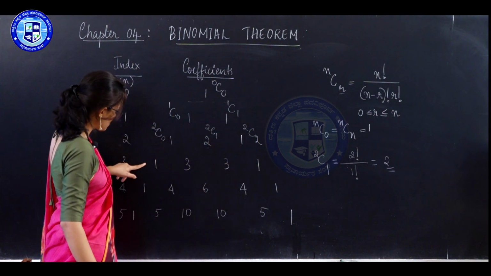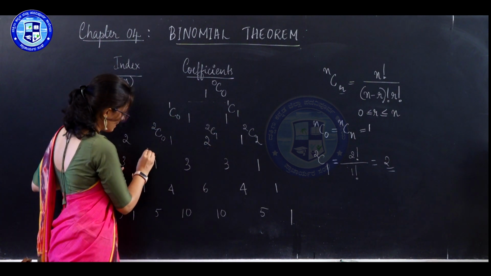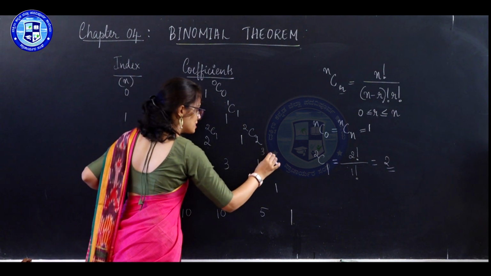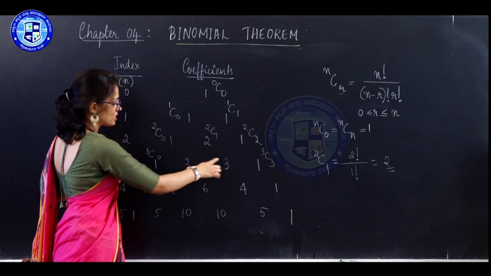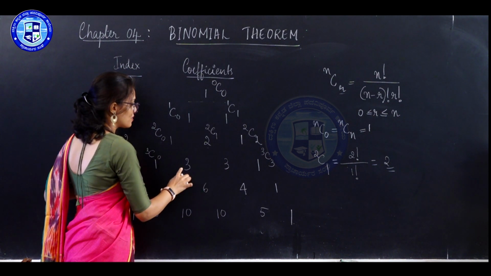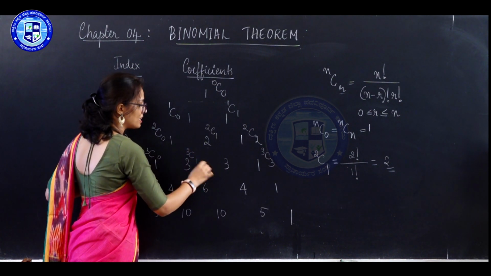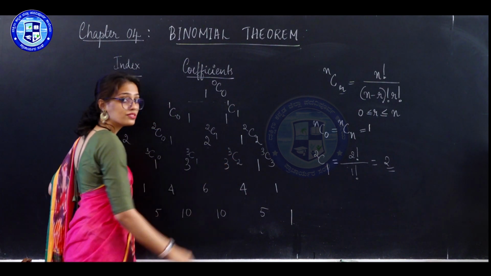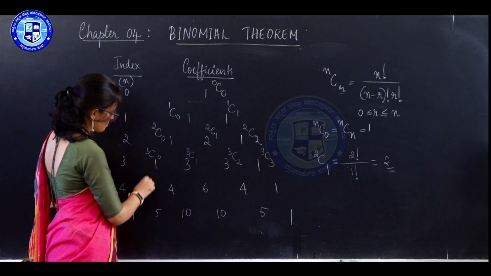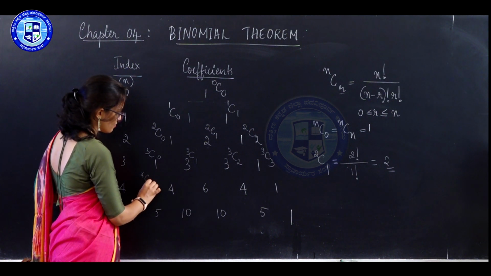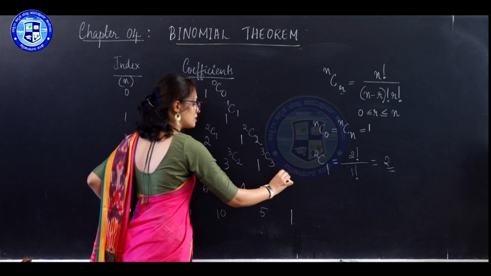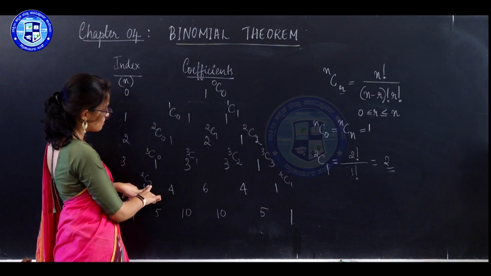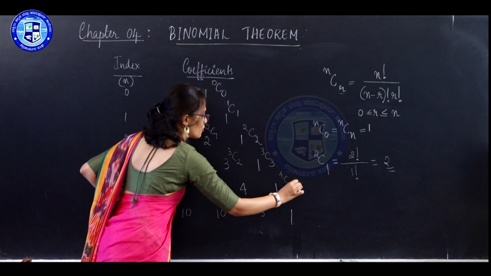For the next expansion, n is 3. So we have the first term 3C0, last term 3C3. What about the terms in between? This value is nothing but 3C1, and if you calculate 3C2, you will get it equal to 3. Similarly, for the next expansion, we have the first term 4C0 and the last term 4C4.